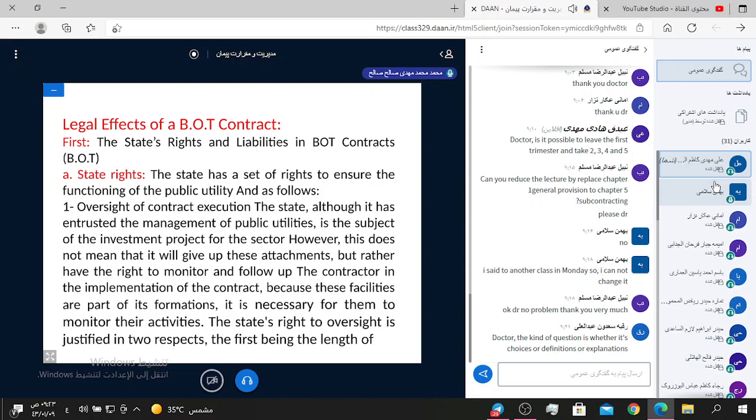The state's right to oversight is justified in two respects.